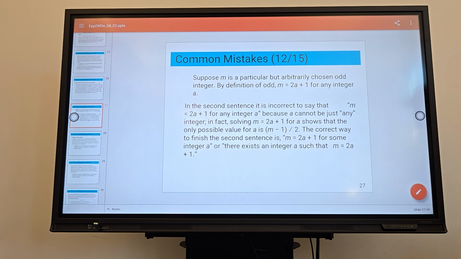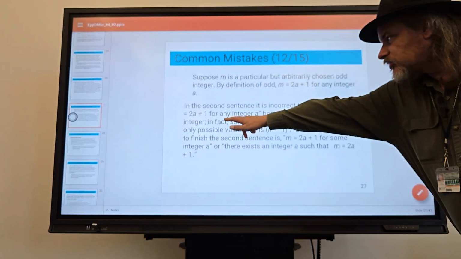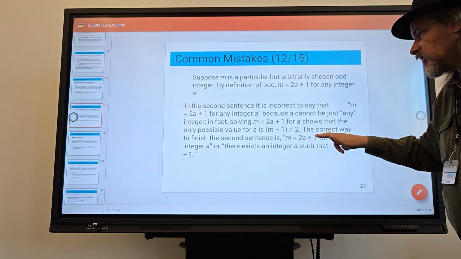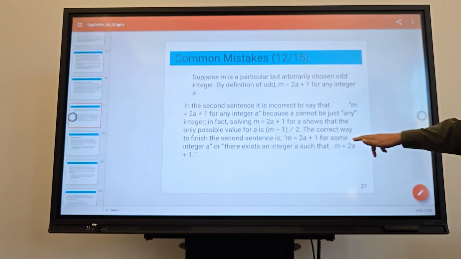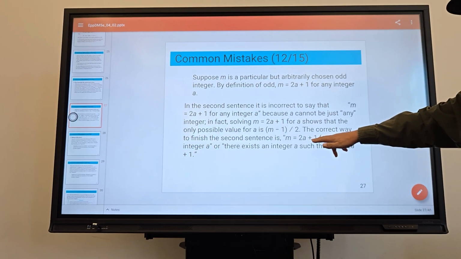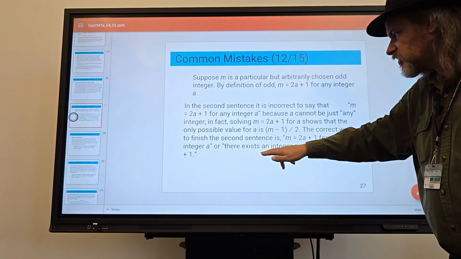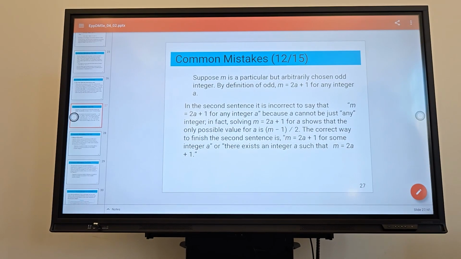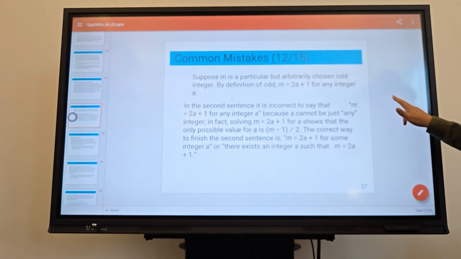So this here should be "some." The correct form of the sentence would be: for some integer a, there exists an integer a such that m equals 2a plus 1.